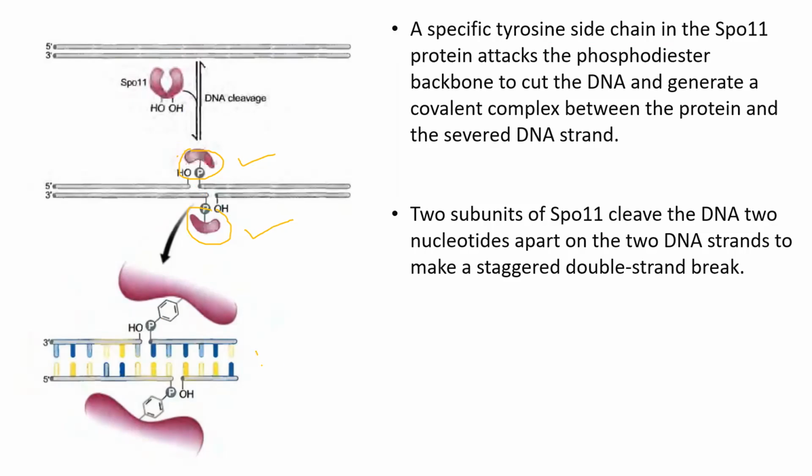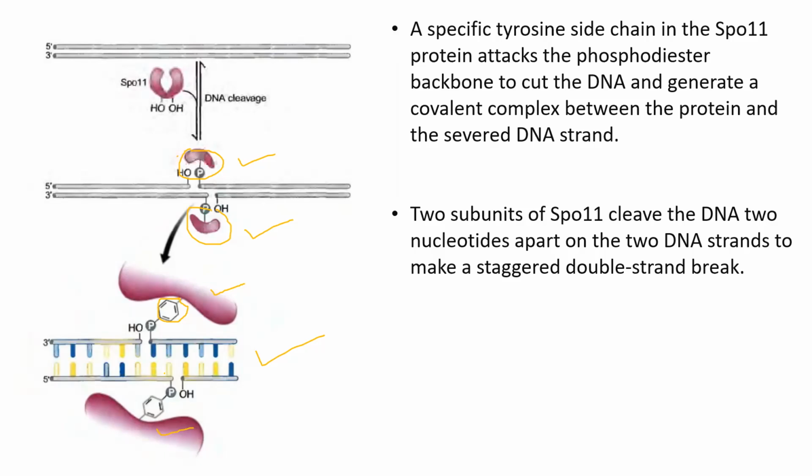In the third step, they actually show the tyrosine of this SPO11 and how this tyrosine side chain of the SPO11 protein is attacking the phosphodiester backbone of the DNA, making a cut, how two molecules of SPO11 are involved, and they're making the cuts two nucleotides apart, giving rise to a staggered double-stranded break.